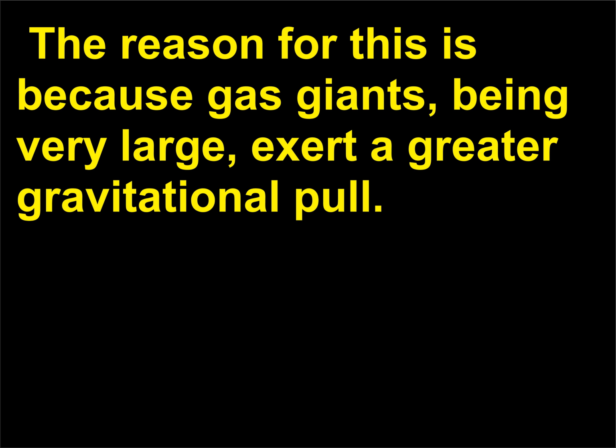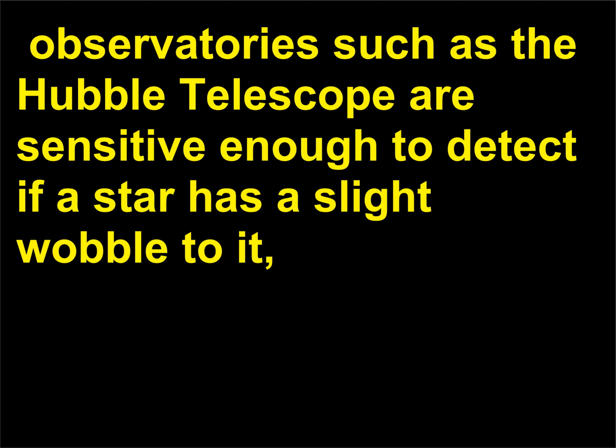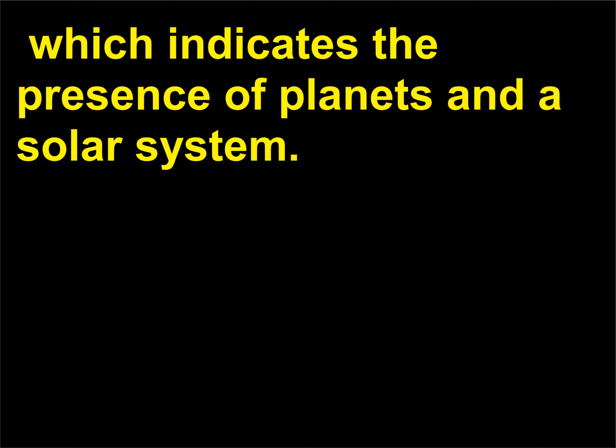The reason for this is because gas giants, being very large, exert a greater gravitational pull. The most successful technique for finding exoplanets has been to observe how stars move. Observatories such as the Hubble telescope are sensitive enough to detect if a star has a slight wobble to it, which indicates the presence of planets and a solar system.